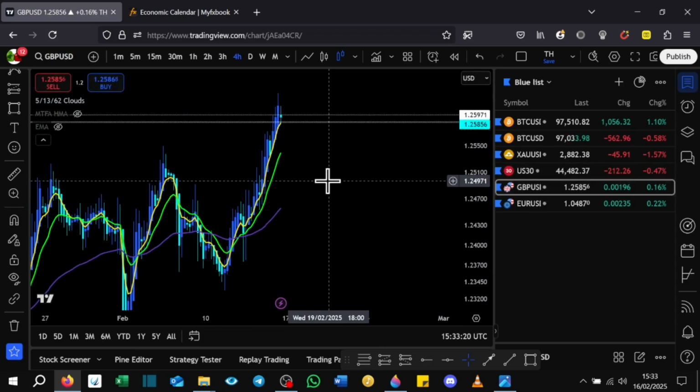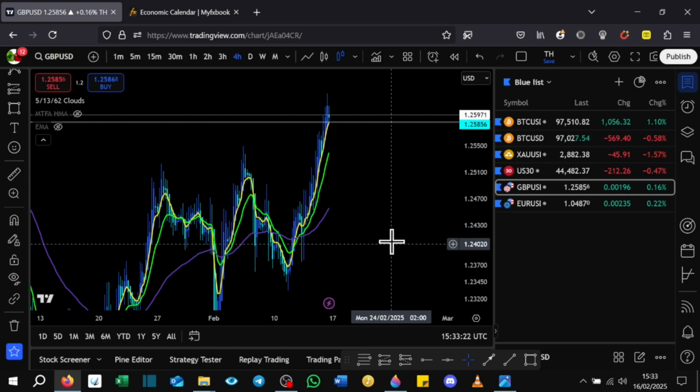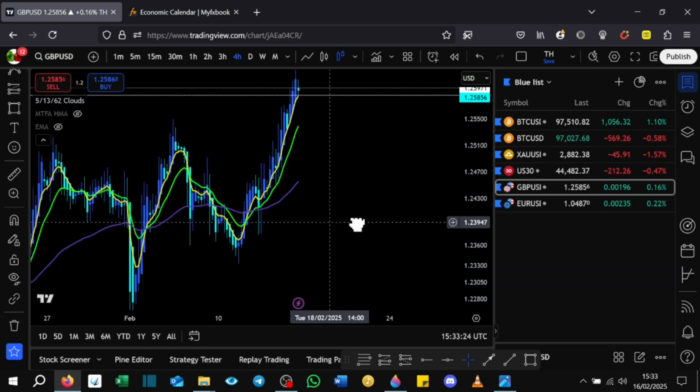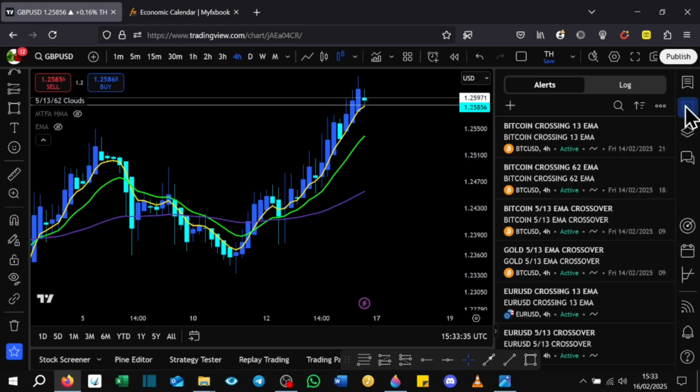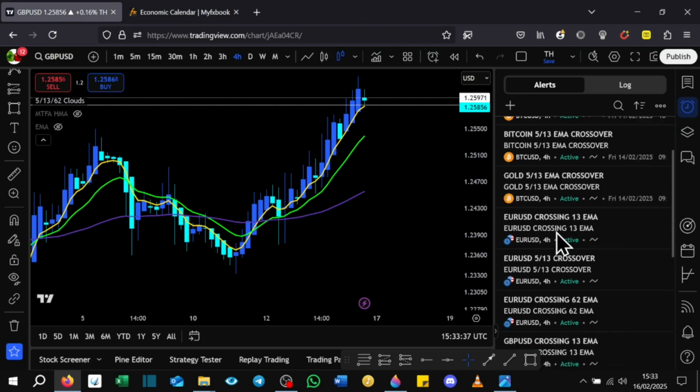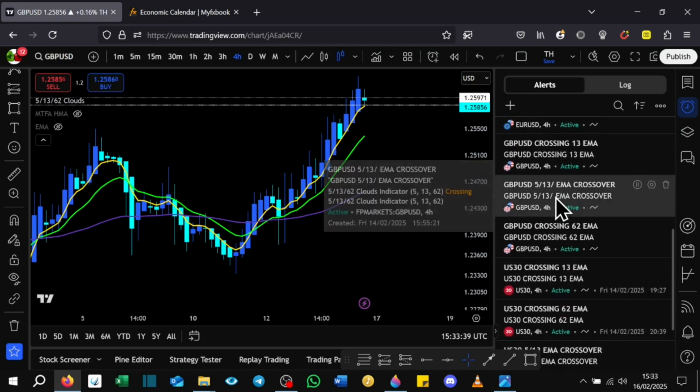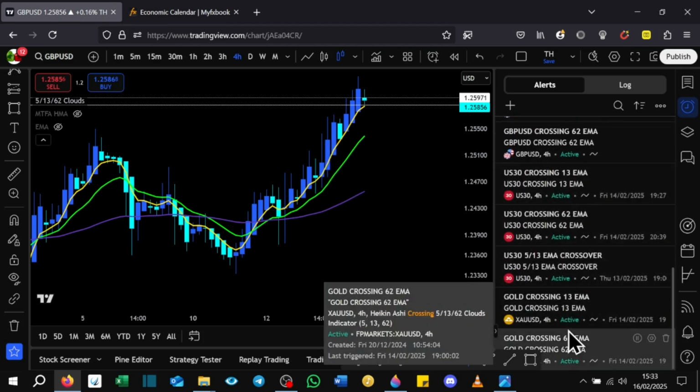One thing I do want to note with GBP USD and Euro USD is for some reason I didn't have any alerts for these forex pairs, these major pairs, which is a bit odd. So I have updated that now. So I've got Bitcoin, Euro USD, GBP USD, US 30 and gold, all my alerts.